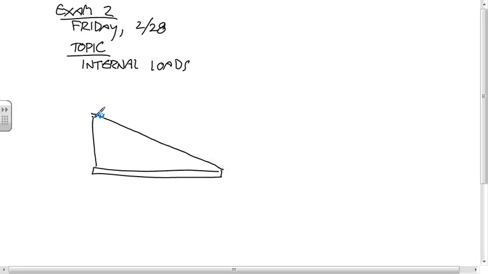Just how to solve the trapezoid then. How to, the thing we were talking about? Okay, so this mostly comes up in problems where you have the triangular load going this way.